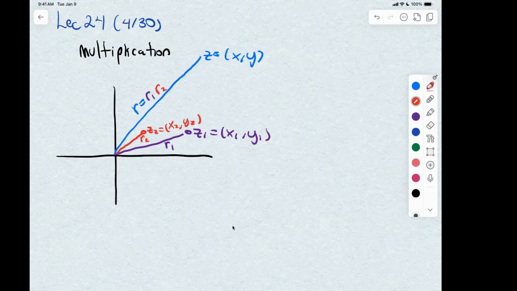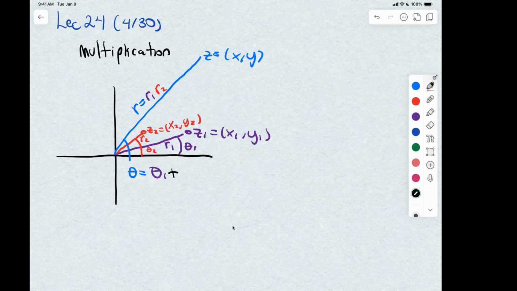And if the first angle was theta1 in polar for the first point, and the second angle was theta2 in polar, then the new angle for this third point would be theta1 plus theta2.